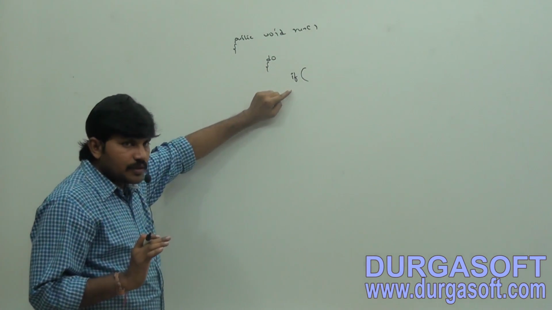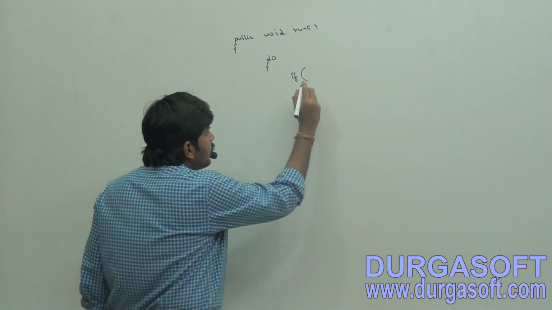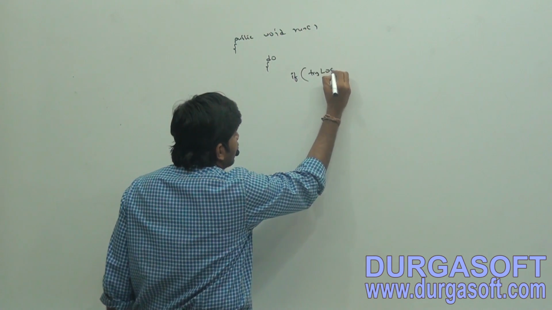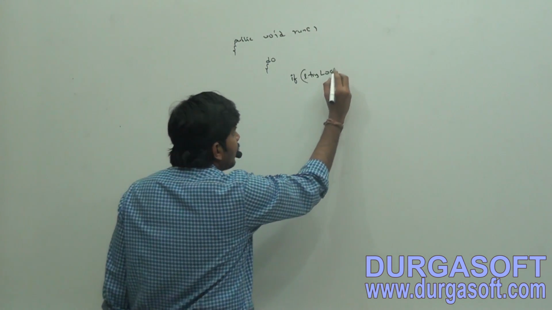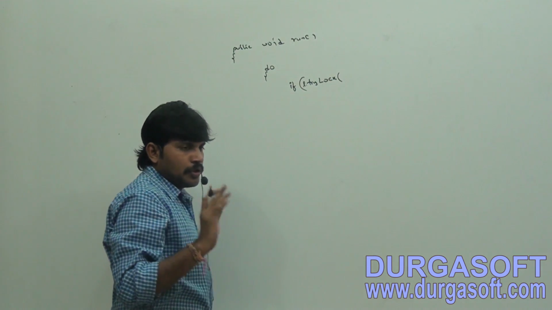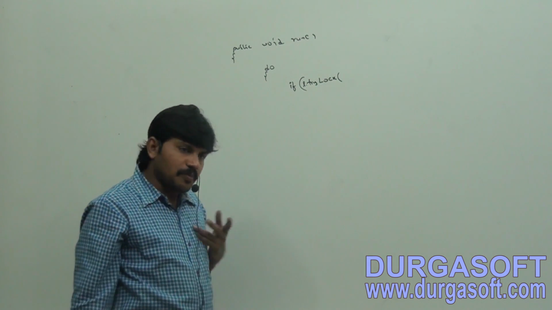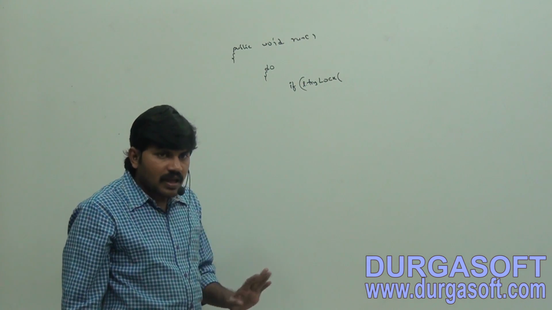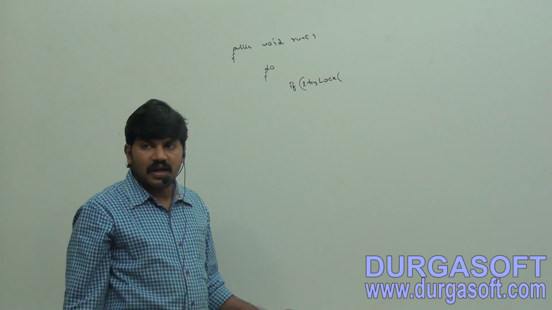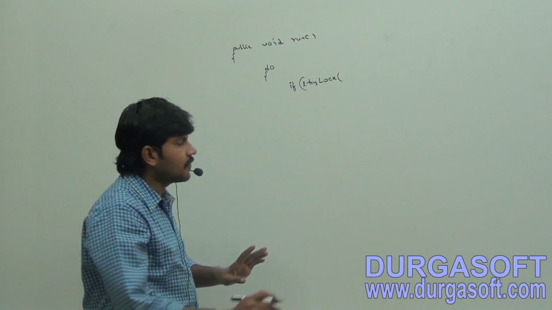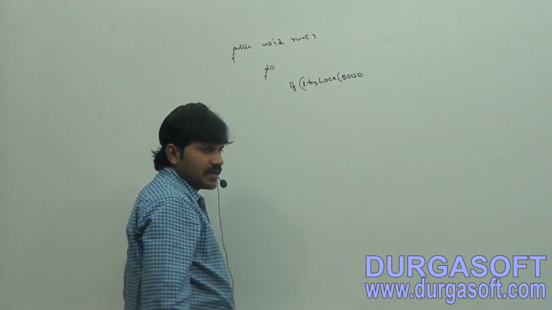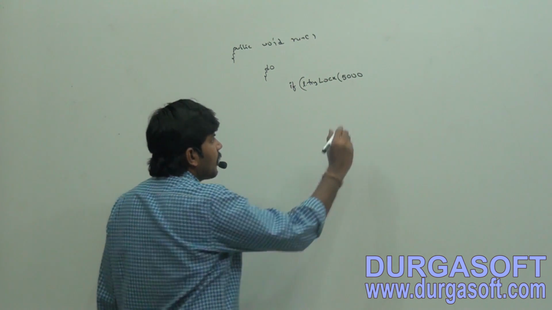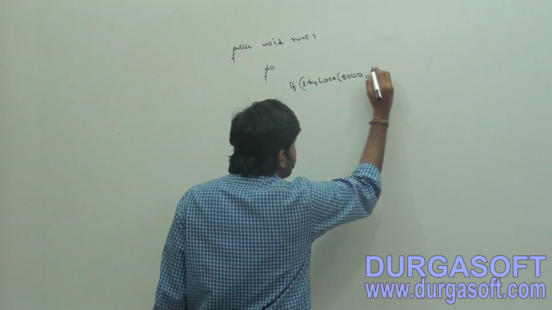Assume I am trying to get the lock: l.tryLock. If the lock is available, please give. If the lock is not available, then I will wait up to 5 seconds. Are you getting? l.tryLock with 5 seconds, 5000 milliseconds.